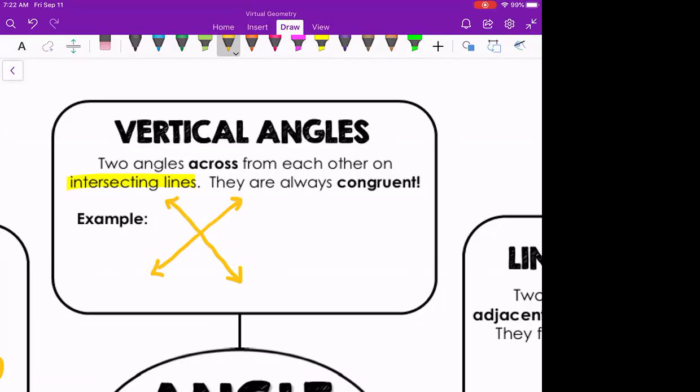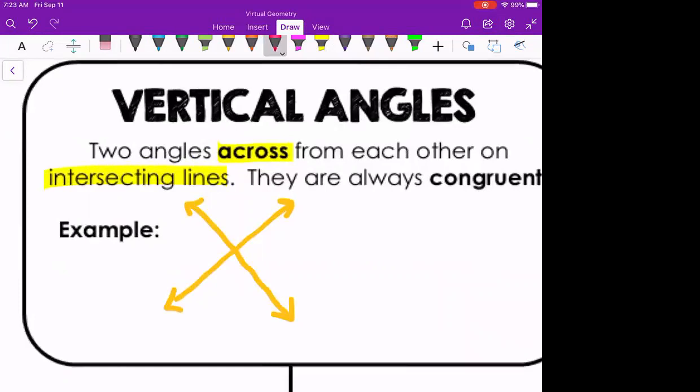Now, for angles to be vertical, they have to be across from each other. So if I'm looking at, let's say, this top angle space that's here, I'm going to call this a 1, so angle 1. I need to find the angle that is directly across.